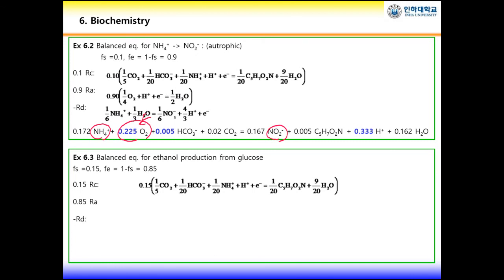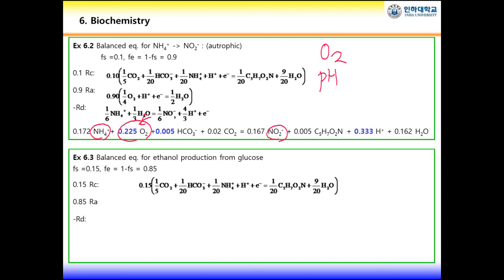Also, the other thing you should notice in this reaction, besides needing a lot of oxygen, is pH. So what do you think of pH? If the ammonia is converted into nitrate, what will be the resulting pH?